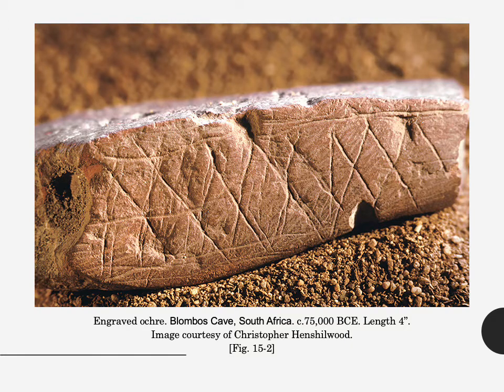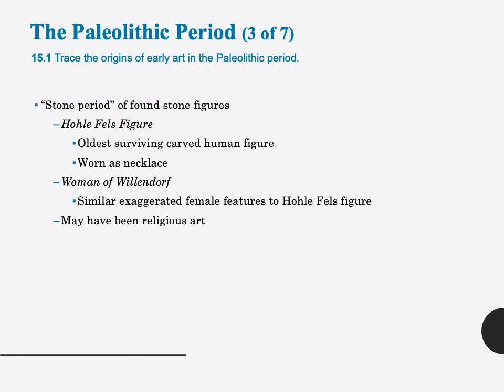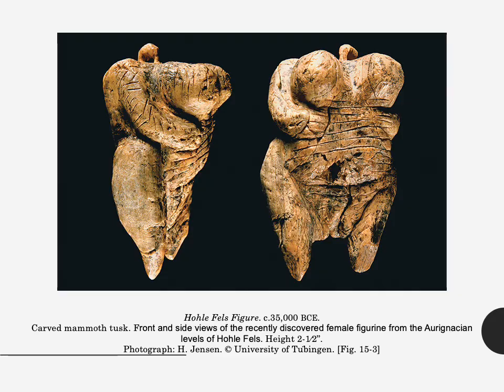And when we are talking about the first figure that we see in the history of humans, the Venus of Hohle Fels is the oldest human figure that we found so far.